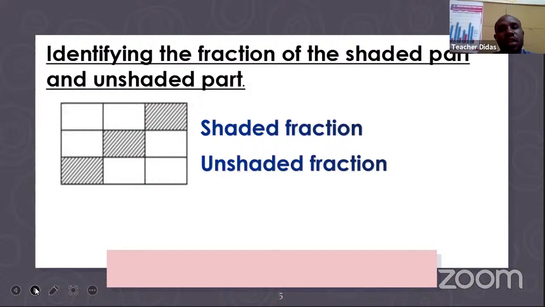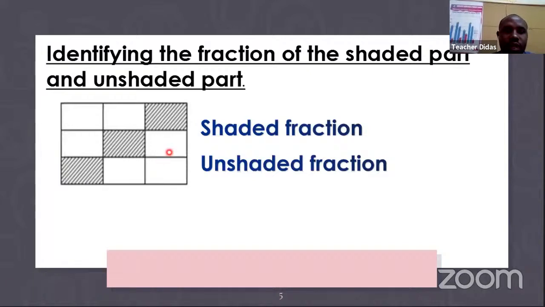When identifying this, we have to make sure that first, we count the total number of parts. How many are they in total? You first count the total parts.